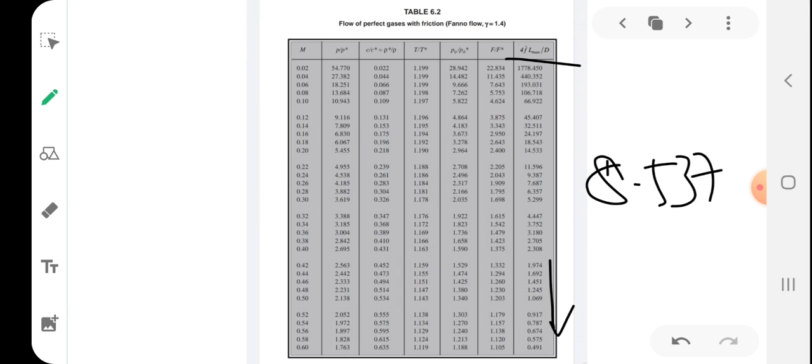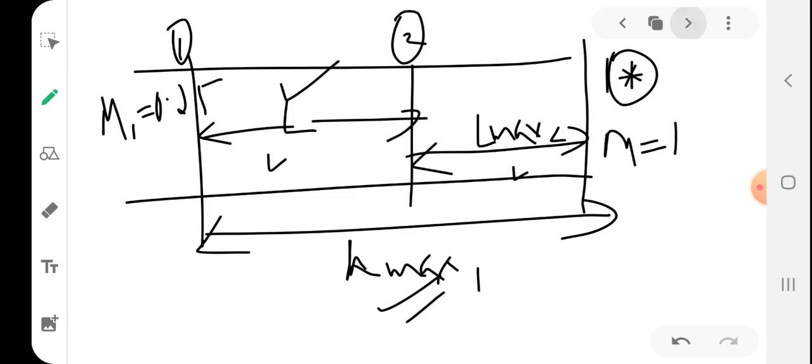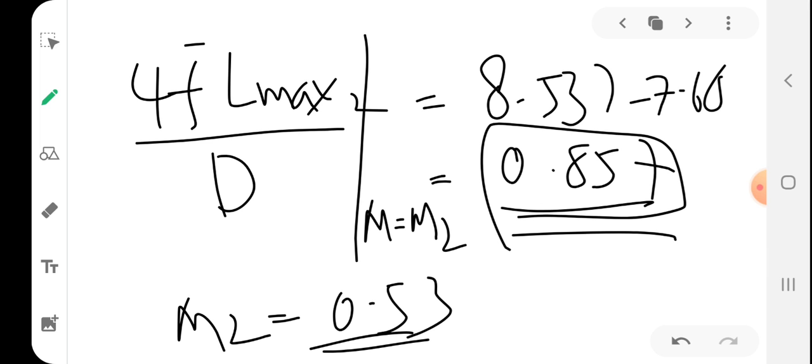Where actually for what Mach number 4f bar Lmax by d becomes 0.857. So you can see that between these two values, that will be corresponding to M2 equal to 0.53. If you backtrack this equation, you will get M2 as 0.53.